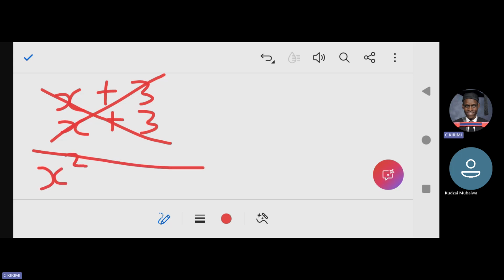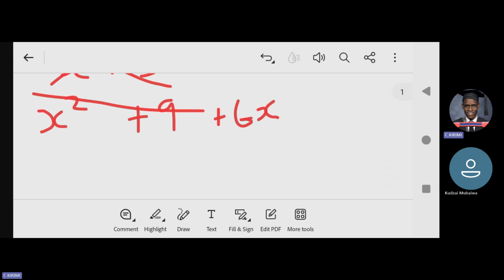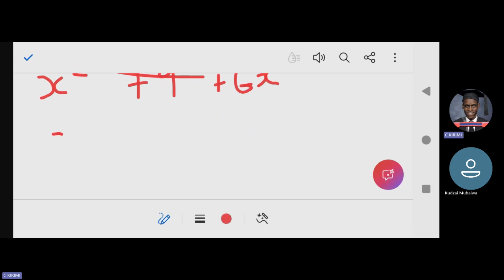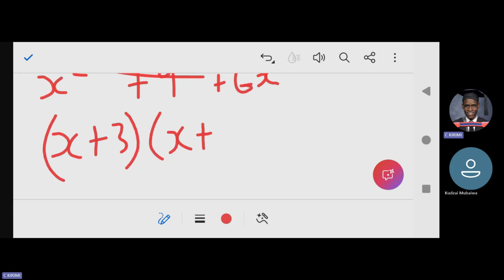Then if I multiply here, I get 3 times 3, positive 9. That is why if you factorize this equation, it's going to give you these factors, which is x plus 3 bracket x plus 3 is equals to 0.